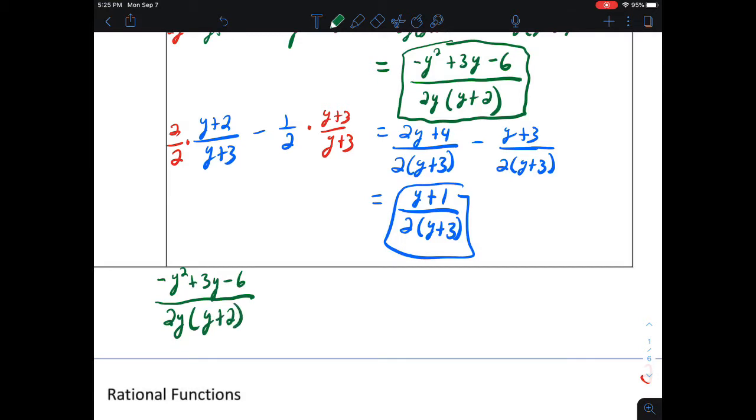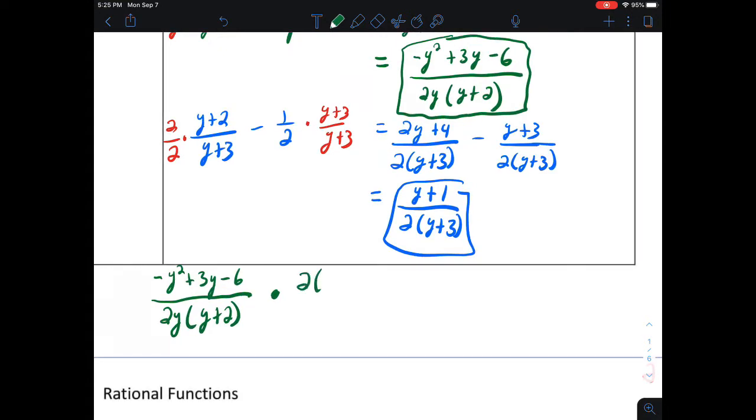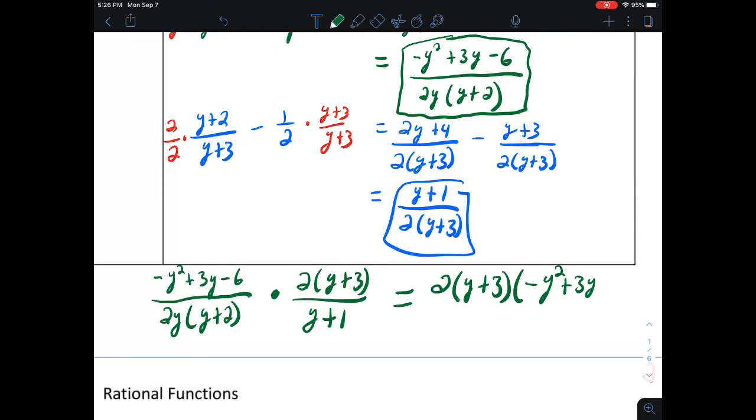So top, and then divide: skip, change, flip, be times, flip my denominator, so 2 times y plus 3 over y plus 1. And then we multiply those together. And what I'm going to do is write this as the product of 2 times y plus 3 times our numerator on the left, all over our denominator, 2y times y plus 2 times y plus 1.